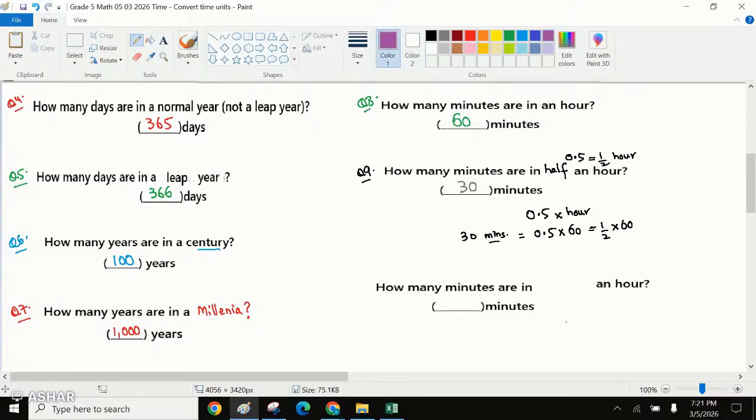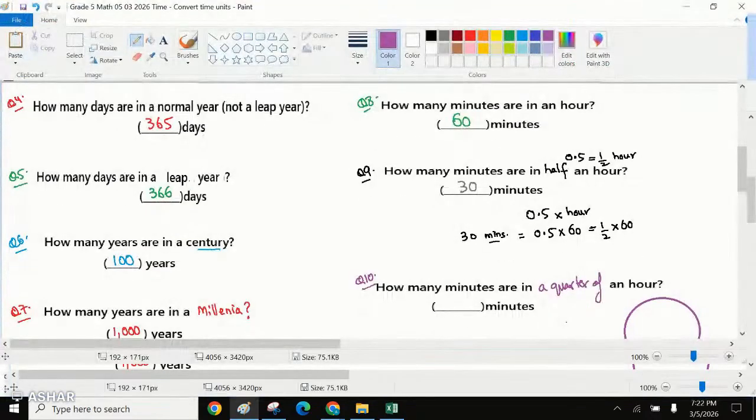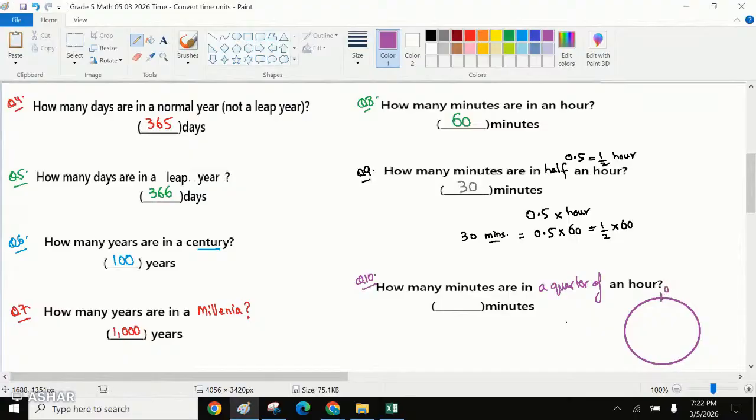In a quarter of an hour, how many minutes are there in a quarter of an hour? Question number 10. We know that 1 hour is 60 minutes, right? If this was 0 minutes, 30 minutes, and it comes out to be 60 minutes over here.